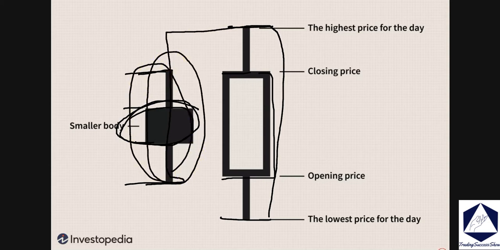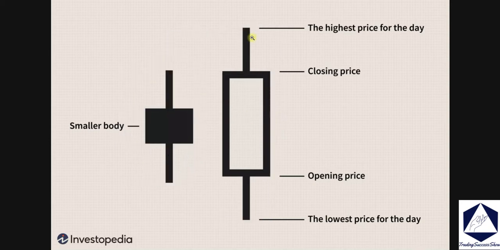So that is how you identify a bullish engulfing candle. This candle is engulfing, or we say encompassing, the previous day candle. So bullish engulfing candle patterns consist of two bodies with almost no shadows, with the second body engulfing the first.